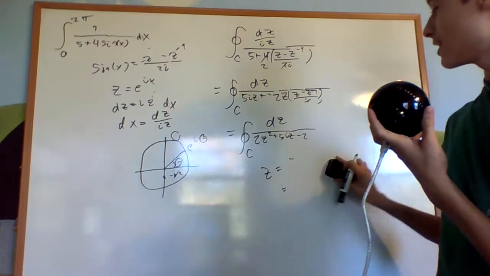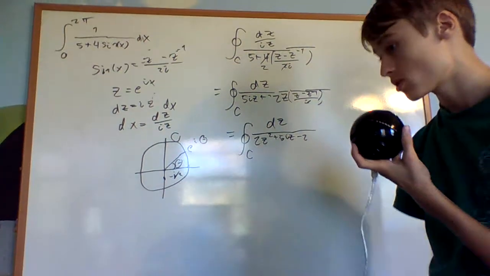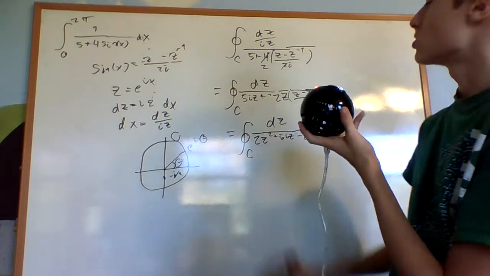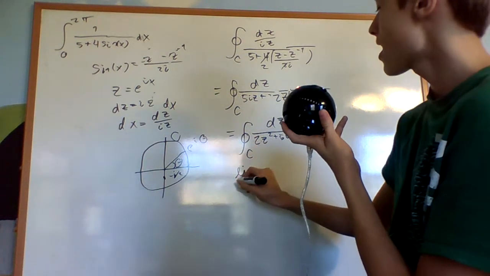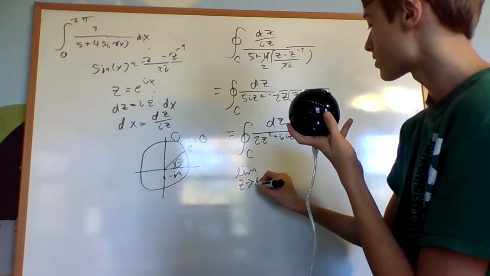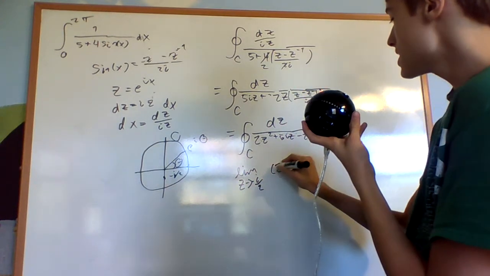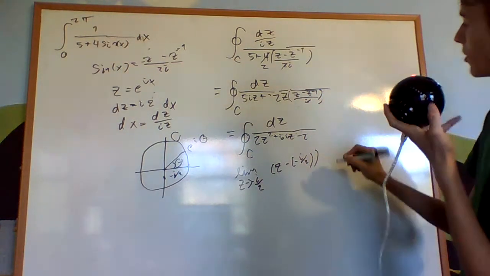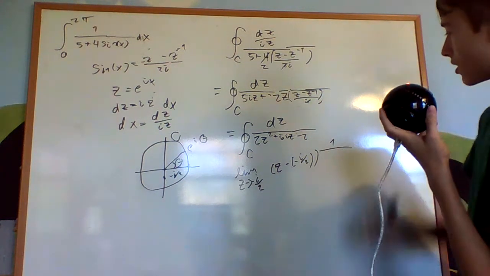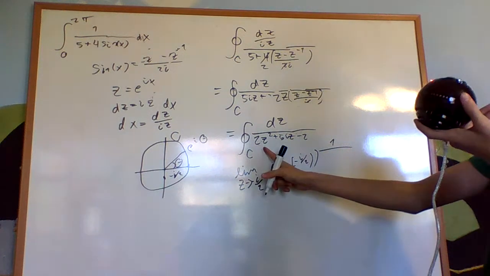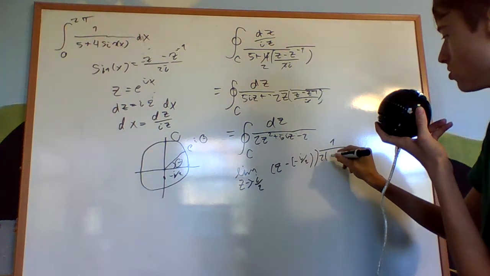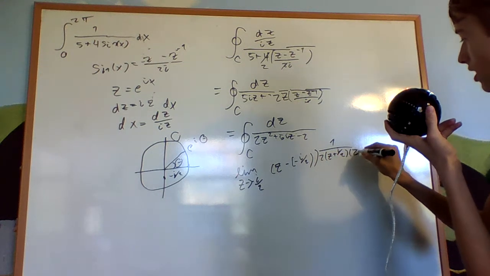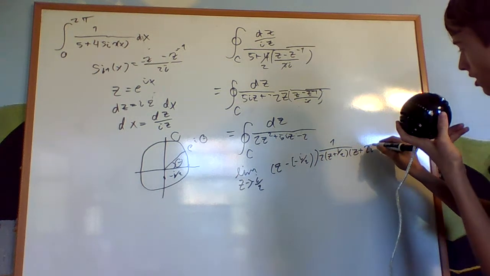So let's evaluate the residue, as it's called, at negative i over 2. What you do is take the limit as z approaches negative i over 2 of z minus negative i over 2, multiplied by your original function. Since we know the roots, we can write the denominator as 2 times (z plus i over 2) times (z plus 2i).